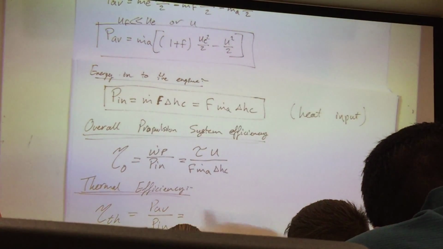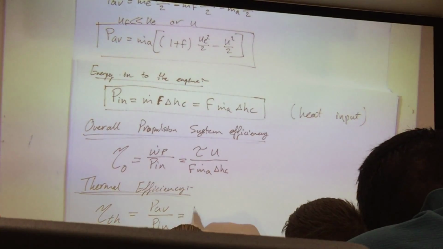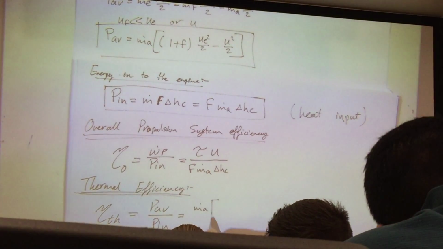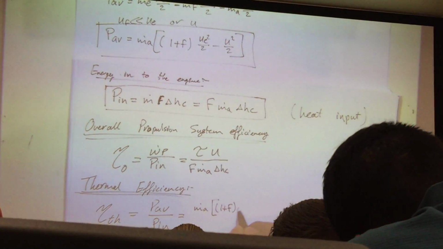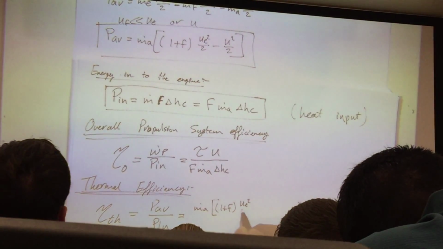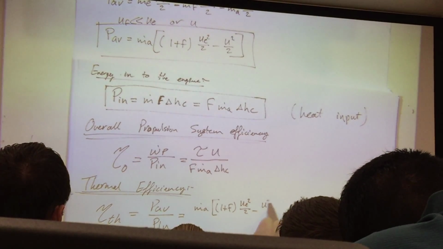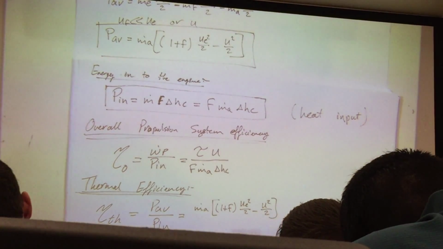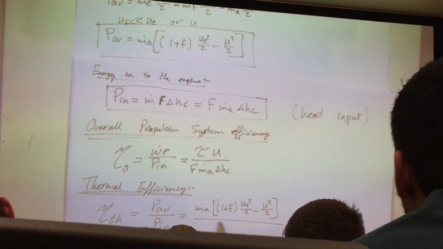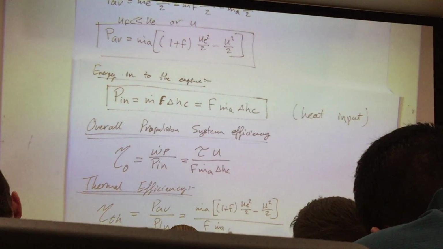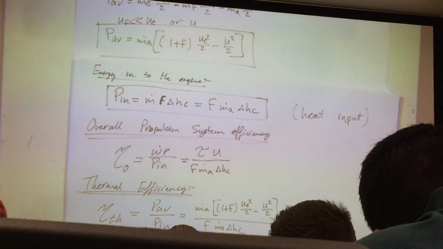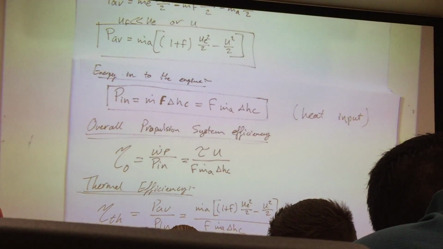That's equal to what we wrote earlier, m dot A multiplied by 1 plus F, u exit squared divided by 2 minus u squared over 2, the whole thing divided by the heat input: fuel air ratio multiplied by the mass I'm putting through my engine multiplied by heat of combustion of the fuel that I'm actually using.